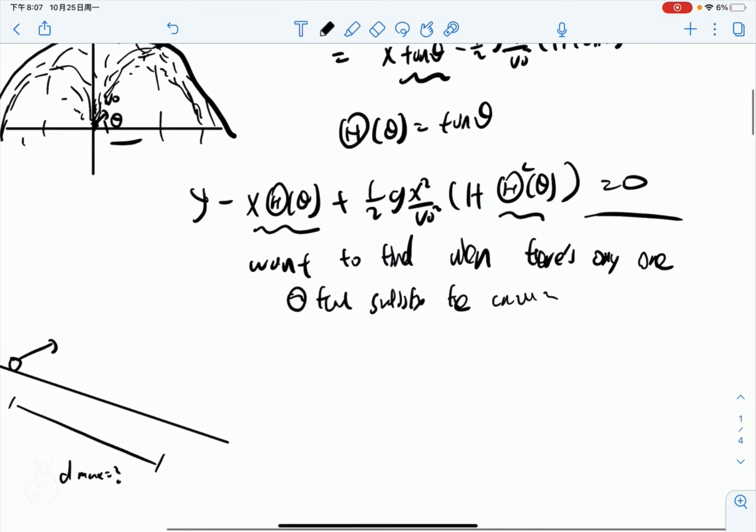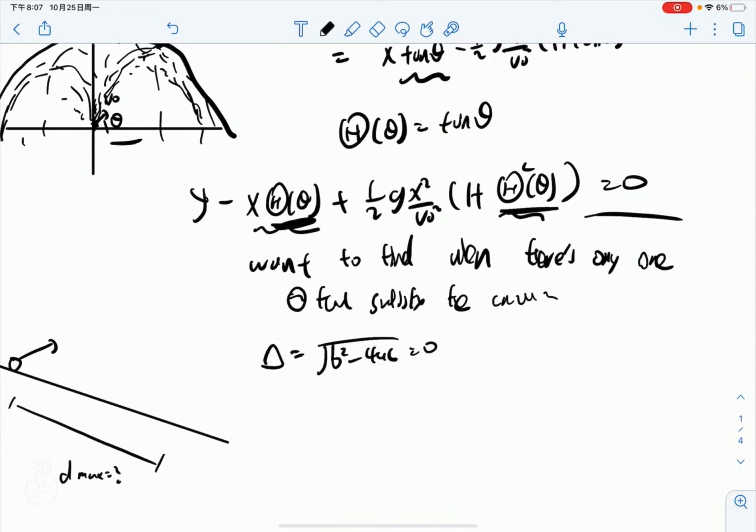It means there's only one solution. For a quadratic equation, we know that if it has only one solution, then delta, b squared minus 4ac, is equal to 0.